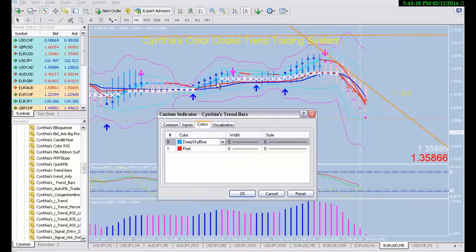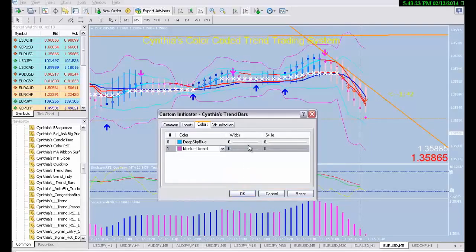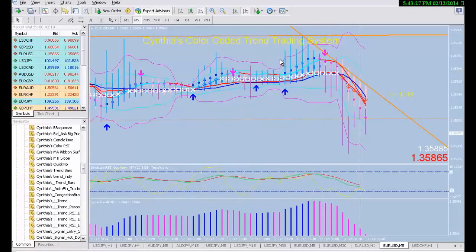The Heikin-Ashi candles are Dodger blue, but you want these to be just a little bit different, but in the same blue tone. And then the red, change it to maybe medium orchid, something like that. And if you need to have a better representation of the price, then you can put these on top of the very smooth Heikin-Ashi.